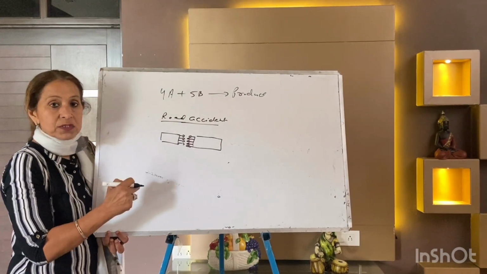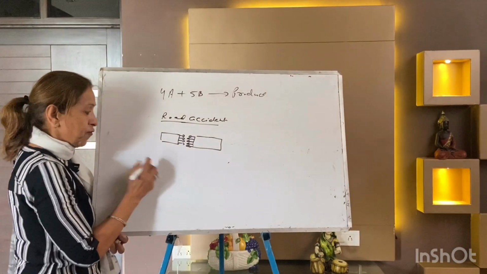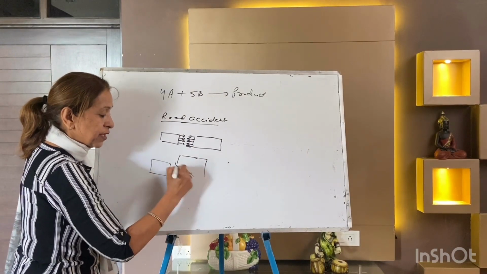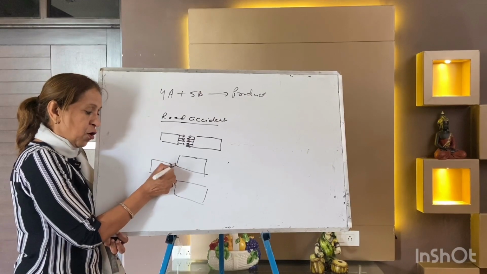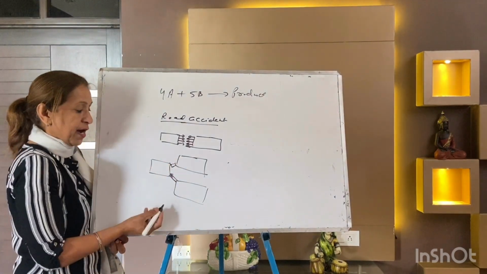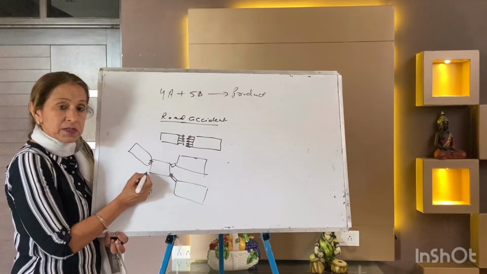Why a great loss? Then consider the collision of 3 vehicles. Now you can see there are 3 vehicles. If 3 vehicles are there, you can see the area of contact decreases. If there are 4 vehicles, the area of contact decreases.